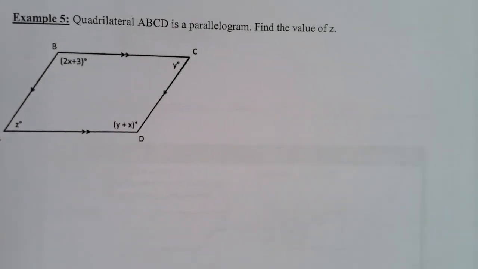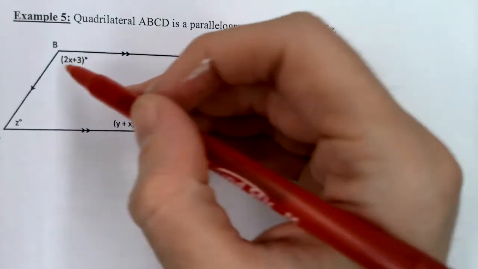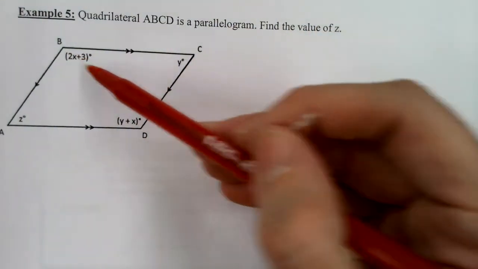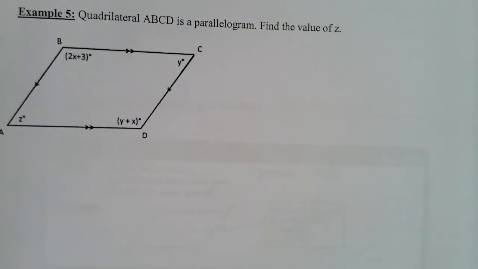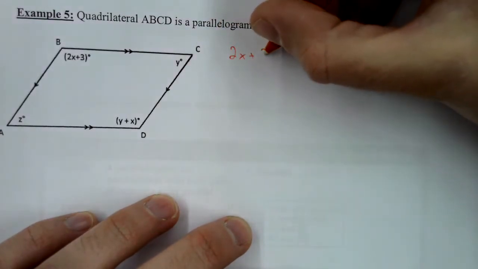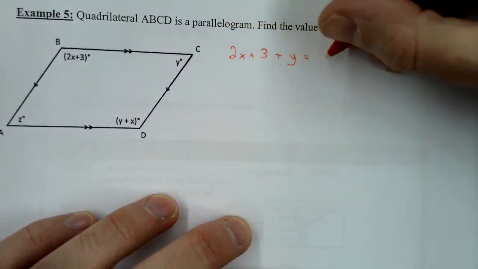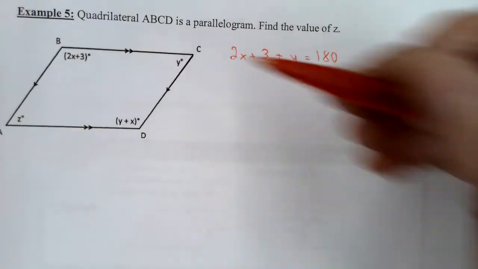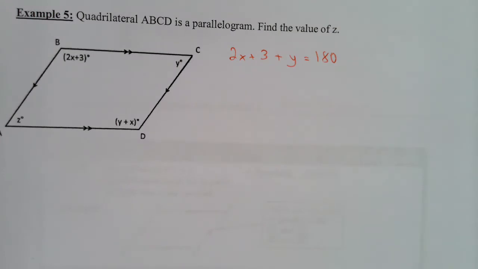We have to write a system of equations. So for these two angles, and again, there's more than one way to do this problem, I'm going to say that 2x plus 3 plus y equals 180, because we know that the consecutive angles are supplementary. And then I'm going to say that x plus y also equals 180.